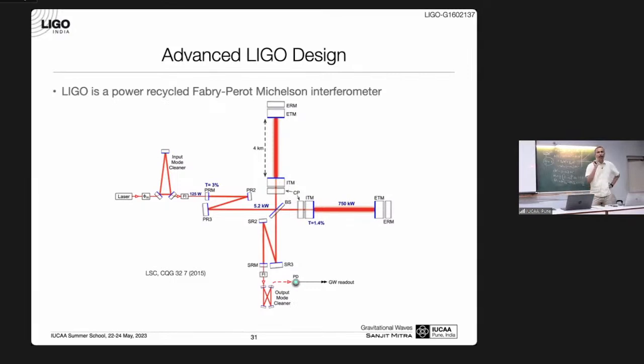You are trying to measure phase by looking at interference fringes. If the fringe contrast is larger, you would be more sensitive to small fringe changes. If the fringe was very dim, then you would not be sensitive to small changes. So you have a photodetector there, which is trying to measure this fringe change.